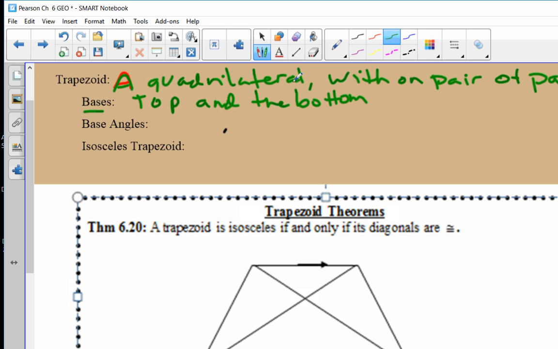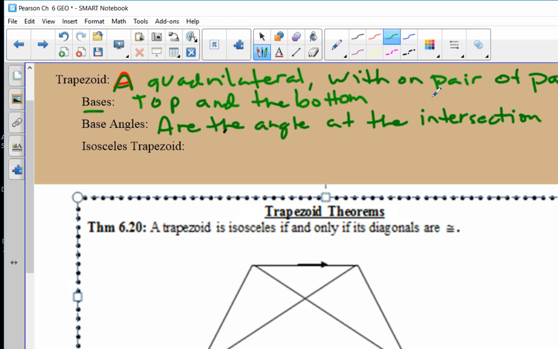Okay, base angles are the angles at the intersection of the sides and the bottom, and/or the top.